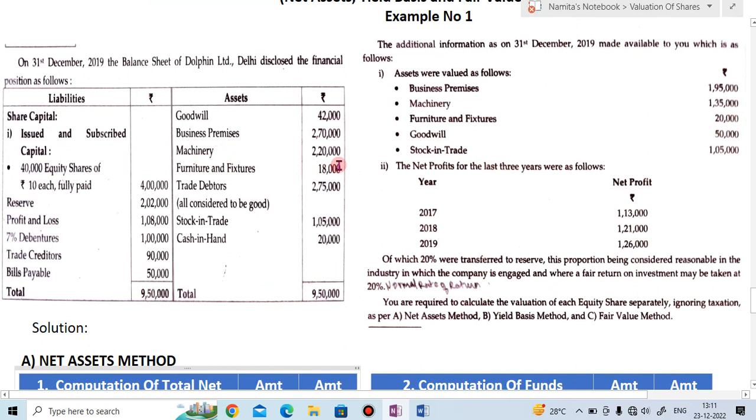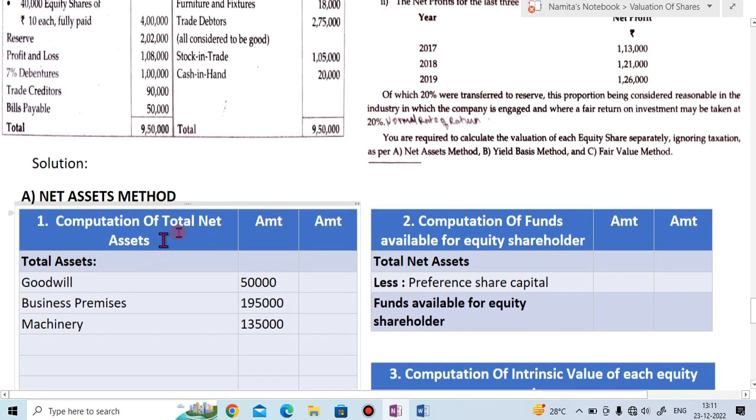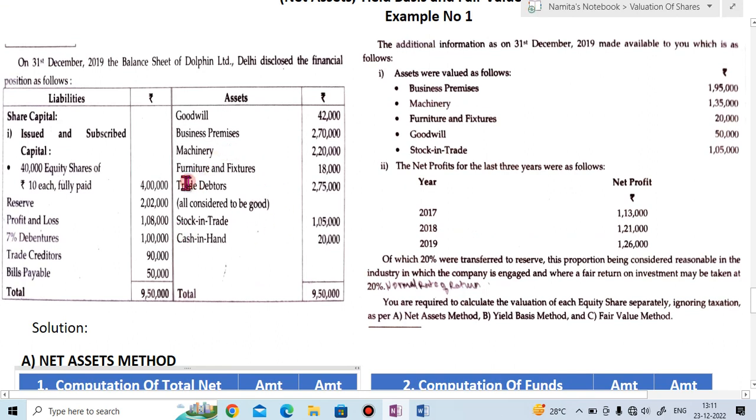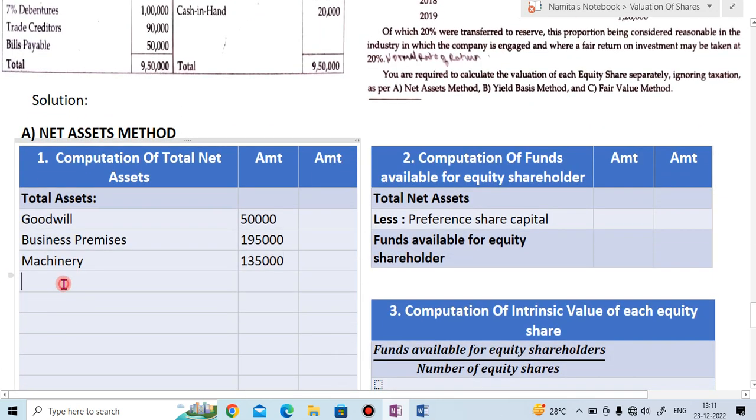The book value of machinery is 2,20,000, but machinery is revalued to 1,35,000. So take machinery, 1,35,000. After machinery, next is furniture and fixture. Again furniture and fixture is revalued. The revalued amount is 20,000. Furniture.